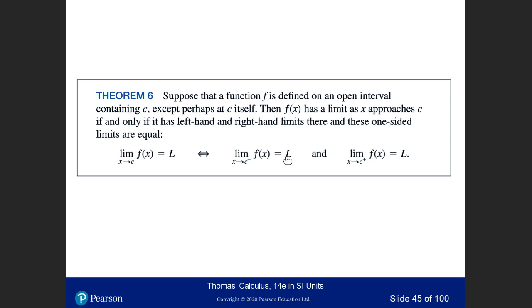Now let's look at this theorem. Actually, we have said what this theorem is saying to us. The function is defined on an open interval containing c. It is not defined at c itself. And f(x) has a limit as x approaches c if and only if it has left and right-hand limits there, and these one-sided limits are equal.